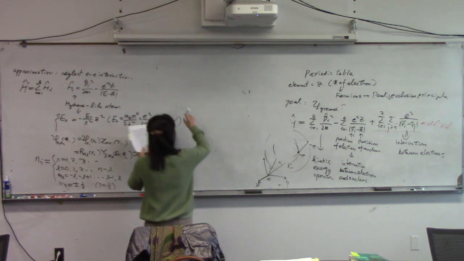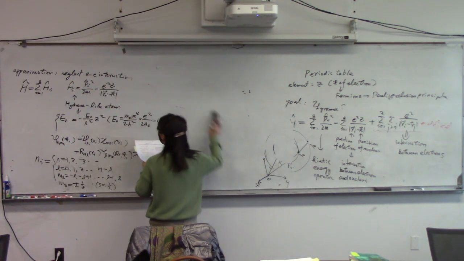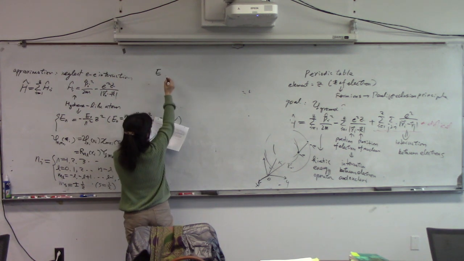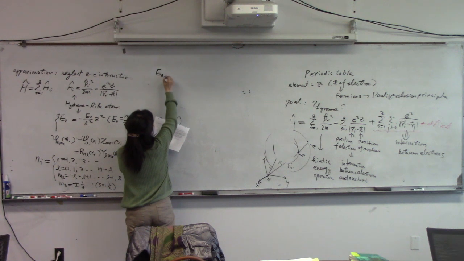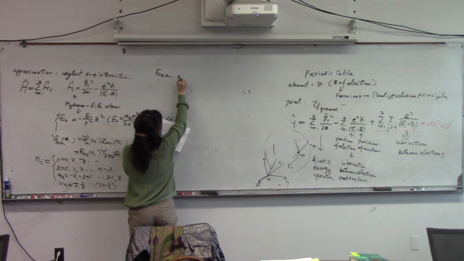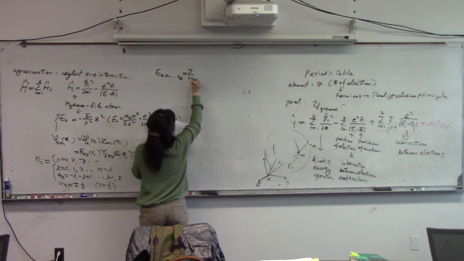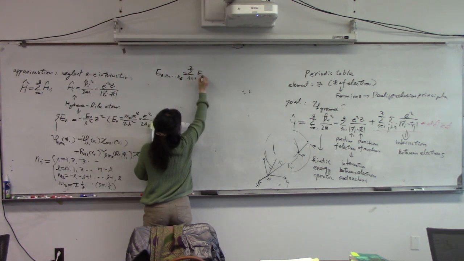So the total energy here, this for each, right? And total energy is simply E N1, N2, if we have Z electrons, with sum over i from 1 to Z, E Ni.